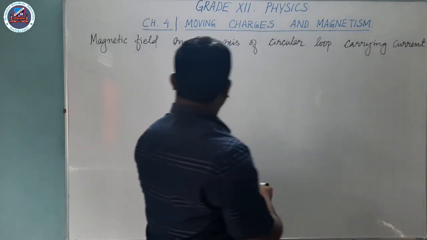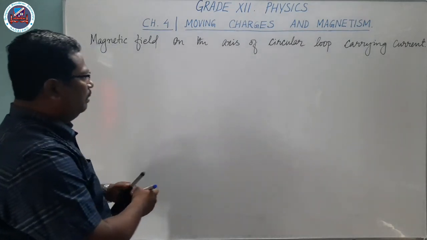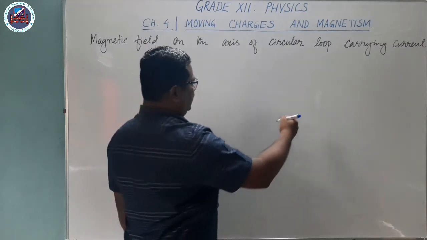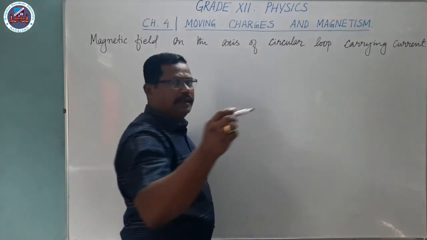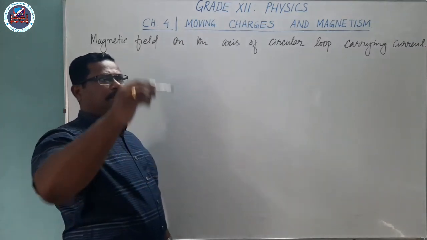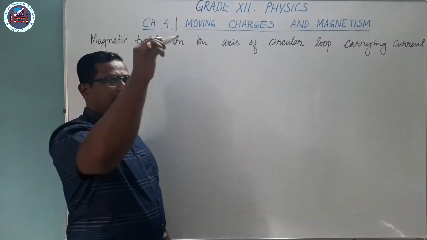To find out the magnetic field on the axis of a circular loop, we'll take a circular loop like this, with the plane of the loop perpendicular to the plane of the paper.